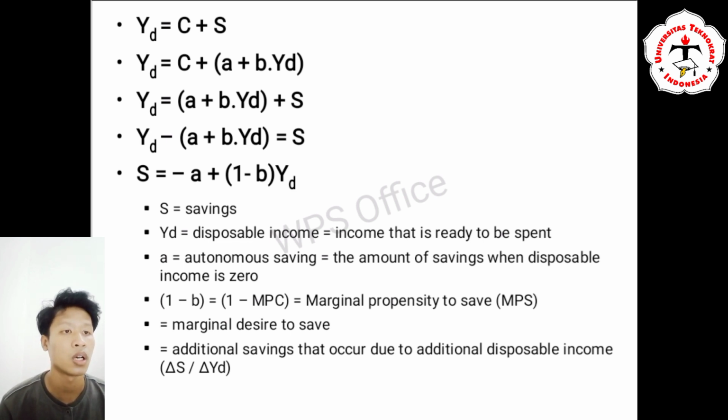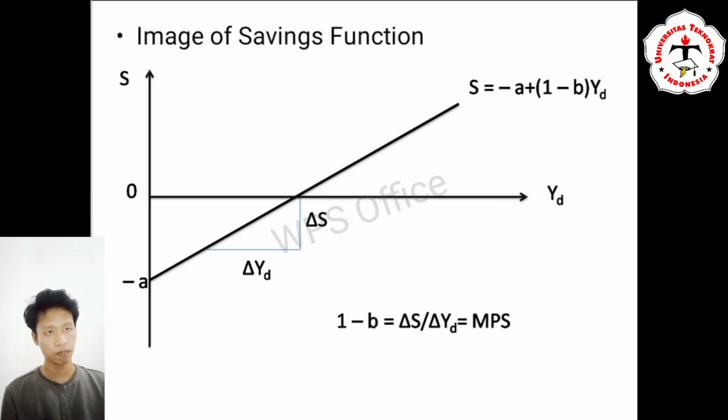A is for autonomous saving, equal to the amount of saving when disposable income is 0. 1 minus B equals 1 minus MPC, equals the marginal propensity to save, or MPS, the additional saving that occurs due to additional disposable income. This is the image of the saving function.